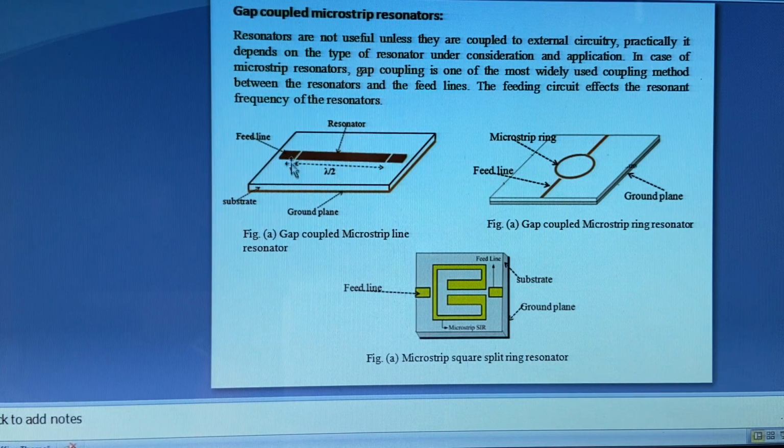Without the gap, lambda by 2 lines are microstrip resonators without coupling. The feeding structure has a resonant frequency, but because of this coupling capacitor and this feeding method, there is a change in the resonant frequency of the overall structure. So that we will see in the next topic.